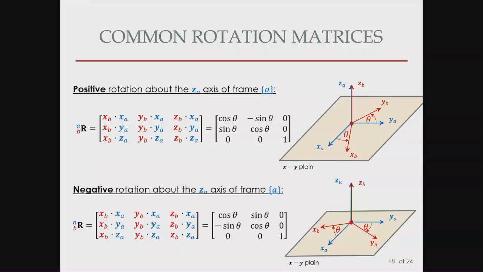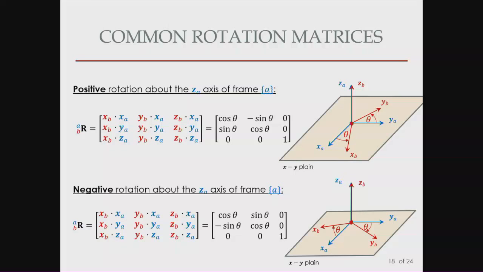Okay, so let me recap. So far we spoke about why we would need rotation matrices, when we need to convert between representations of vectors from one frame to another frame. Second, how to construct a rotation matrix from scratch, and why it works. We went through the mathematics of that.